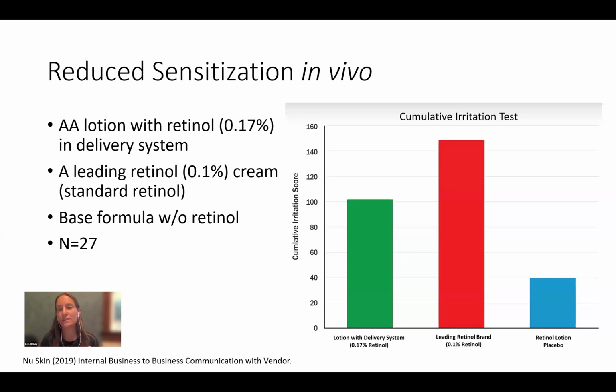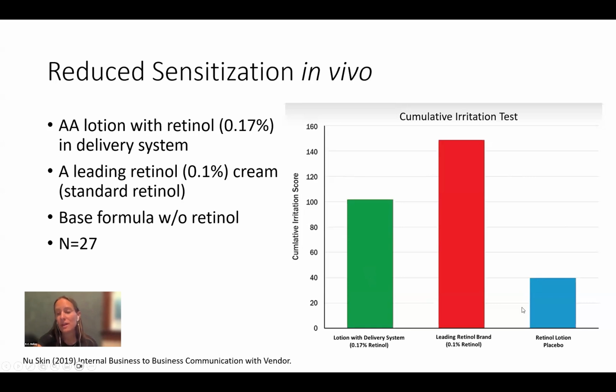Cumulative irritation score is actually a standardized score that's utilized in different cosmetic testing. And you can see that when we look at the overall irritation for the typical retinol brand, that irritation is high, or higher than when we look at it in this encapsulated format.